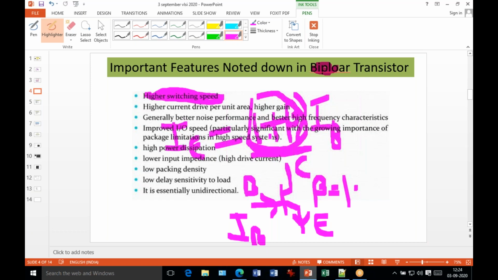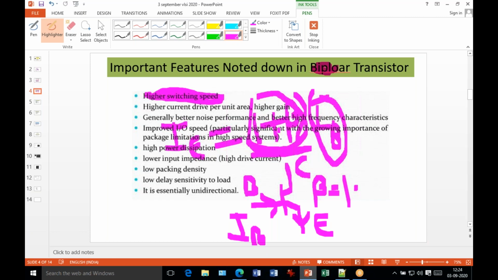If you calculate 1 plus beta, this value is 1 plus 100, that is 101. That means if the base current is very small, but this multiplication factor is very high, then your emitter current is very high.